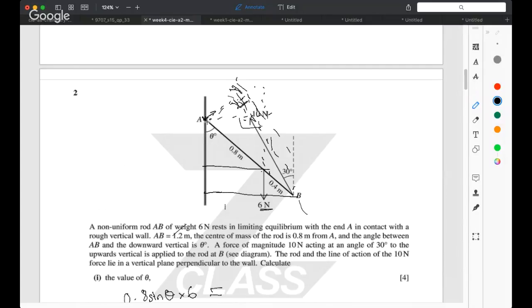For example, because we are calculating the coefficient of friction at the wall, at the wall here you can split it into two forces. If you look at the wall as like a ground, there is a force perpendicular to the wall and a force parallel to the wall. We call this one Fn, and maybe this one Fp.